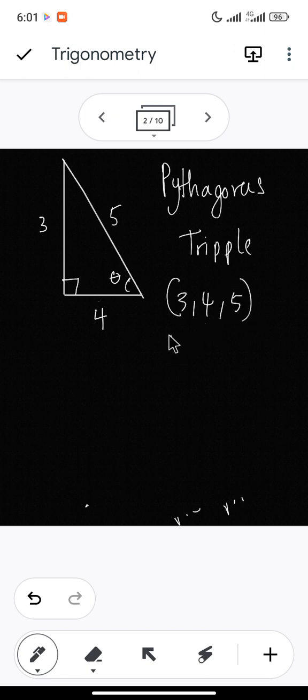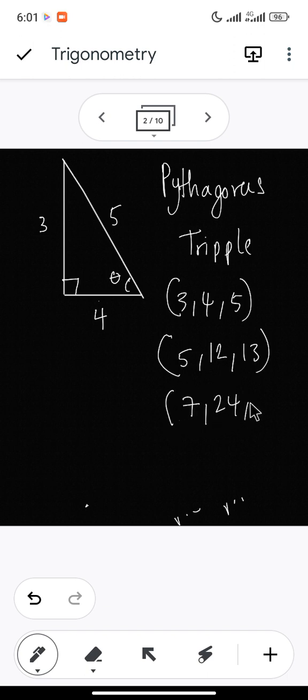So another example of a Pythagoras triple is 5, 12, and 13, where 13 stands for the hypotenuse. Another example is 7, 24, 25. Another example of Pythagoras triple is 11, 60, 61.